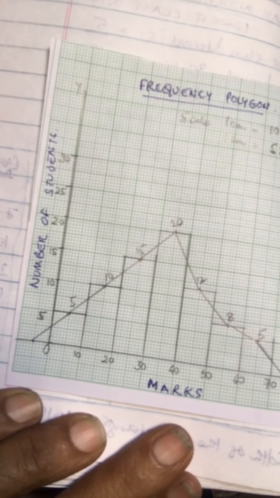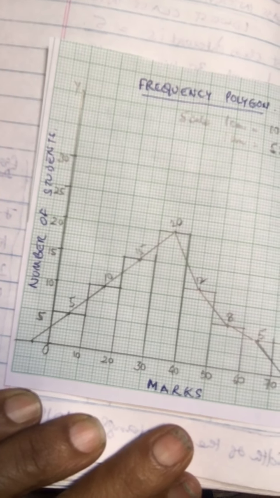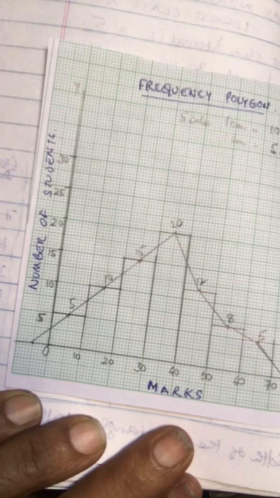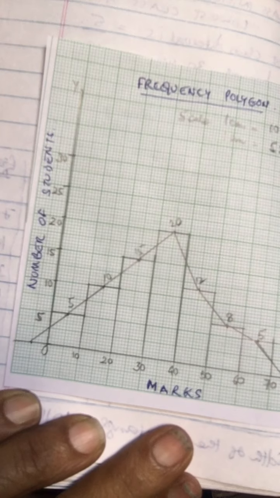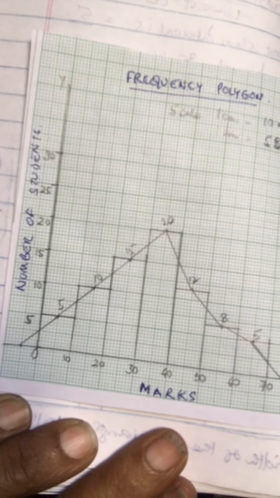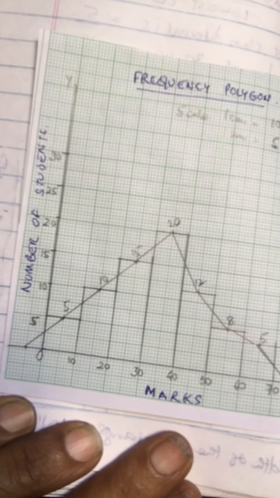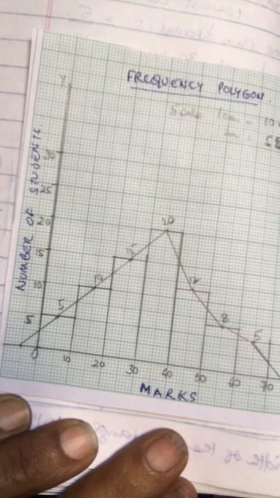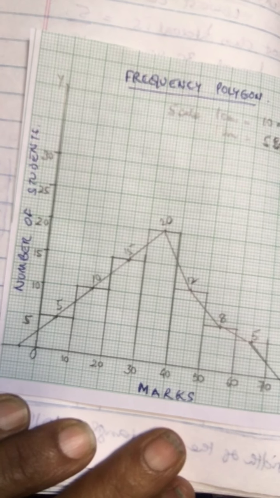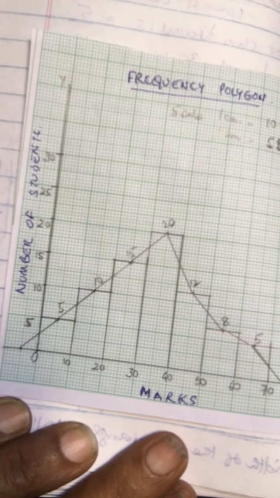The total area excluded from the histogram is equal to the area included under the frequency polygon. So here we go, you've just seen that we've taken the midpoints and made what is known as a frequency polygon.